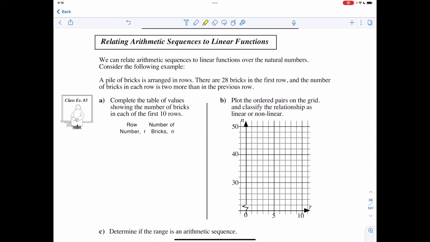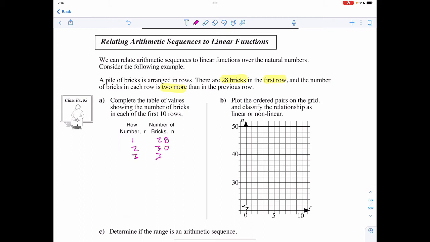If I'm relating arithmetic sequences to linear functions, a pile of bricks is arranged in rows. There are 28 bricks in the first row, and the number of bricks in each row is 2 more than in the previous one, which means that in row 1, there was 28. In row 2, there would be 30.